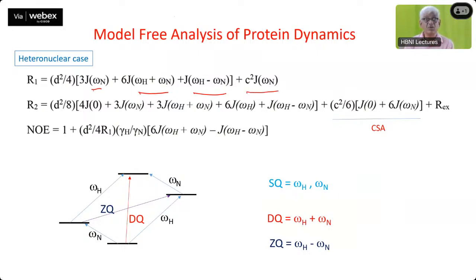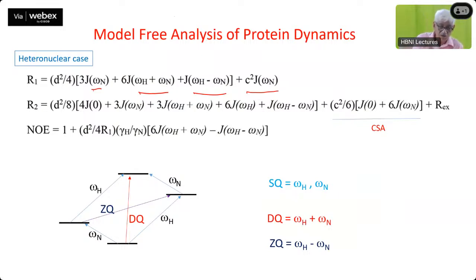C squared J omega N. Chemical shift anisotropy also will be there, which will contribute to the relaxation. Dipolar interaction we talked about, which the earlier equation showed. Dipolar interaction mediated relaxation was indicated. Now we have added another relaxation mechanism, which is the chemical shift anisotropy mediated relaxation.